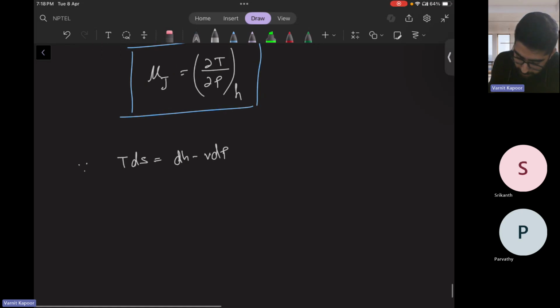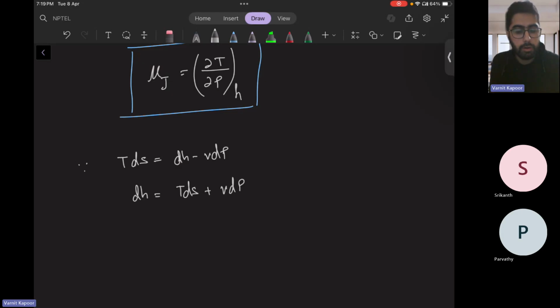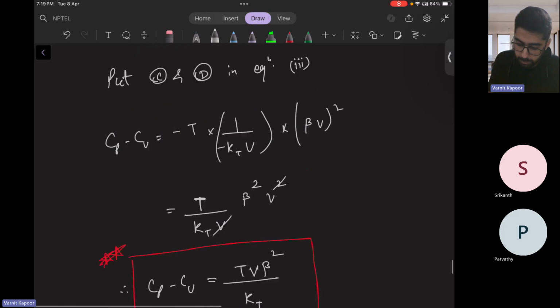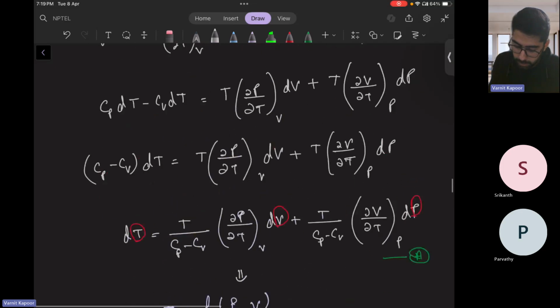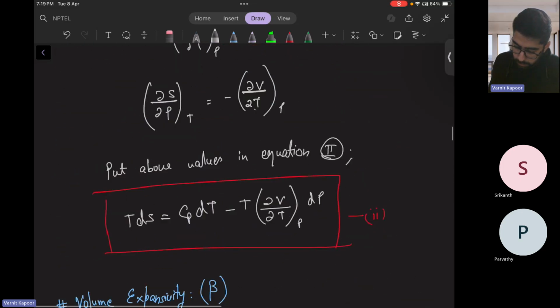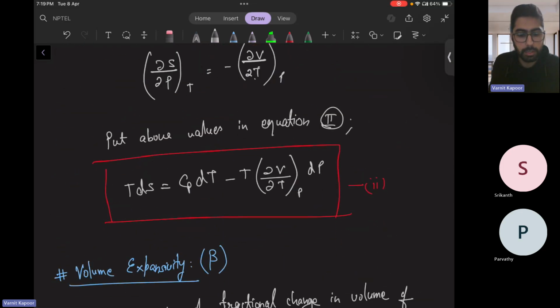So from here, dH can be written as TdS plus VdP. Now we will use one of the equations we derived earlier, equation number 2, TdS equals Cp dT minus T dou V by dou T dP.